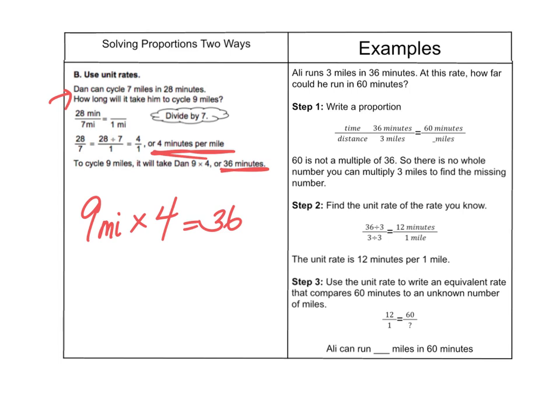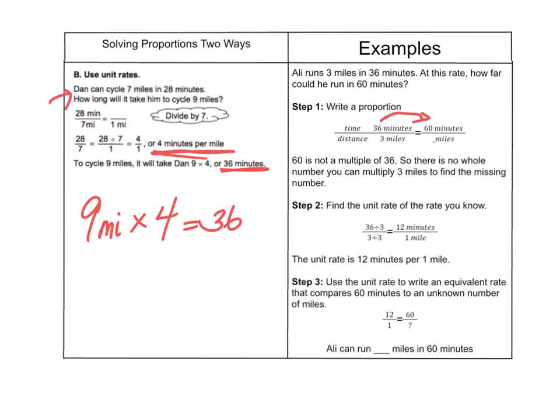Allie can run 3 miles in 36 minutes. At this rate, how far could she run in 60 minutes? So we're going to set up a proportion. So we have our time, 36 minutes equals 3 miles, and we're trying to solve how many miles that would be in 60 minutes. Since 60 is not a multiple of 36, I can't easily multiply or divide to get to 60, so we are going to use a unit rate.